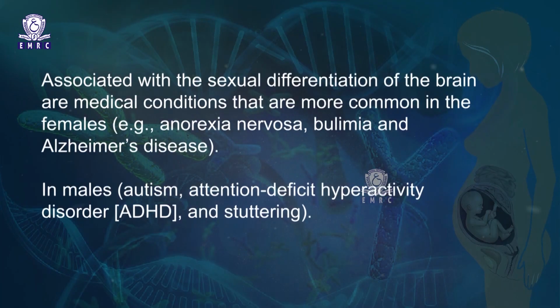In addition to this large effect of prenatal androgen, there are also genetic and epigenetic influences on the sexual differentiation of the brain during the second trimester. Associated with the sexual differentiation of the brain are medical conditions that are more common in females, for example, anorexia nervosa, bulimia and Alzheimer's disease, or in males, autism, attention deficit hyperactivity disorder (ADHD) and stuttering.